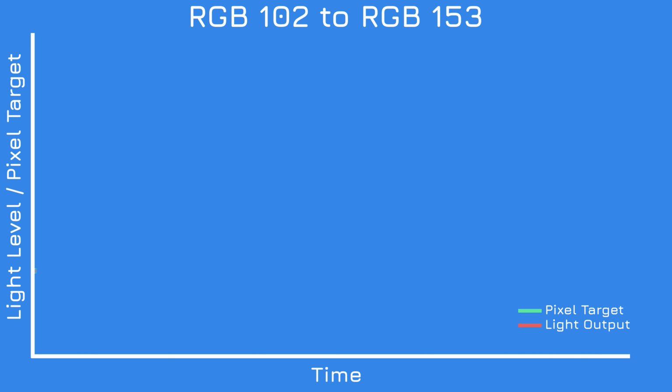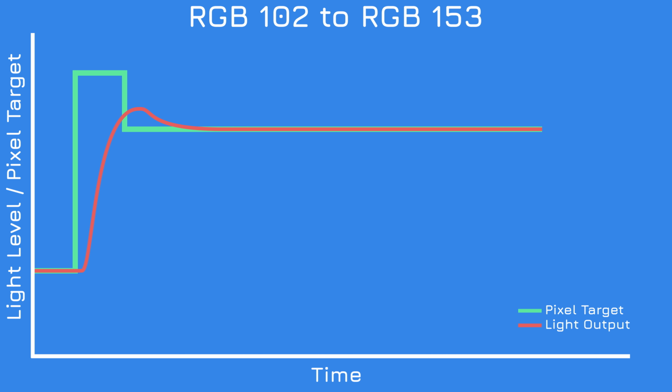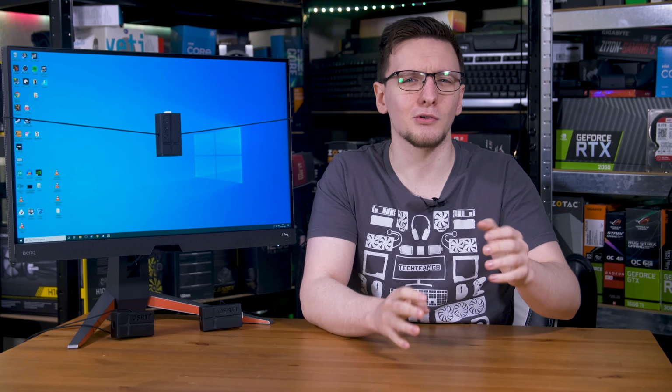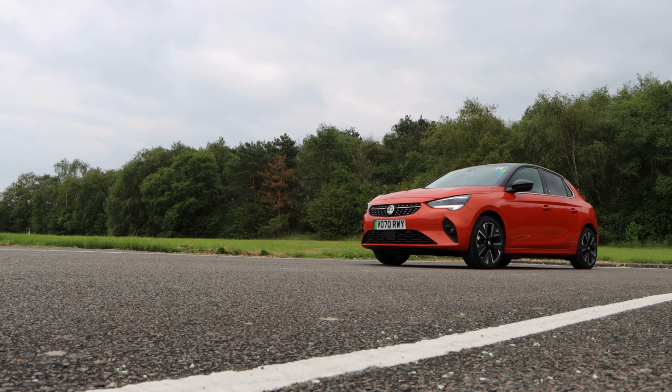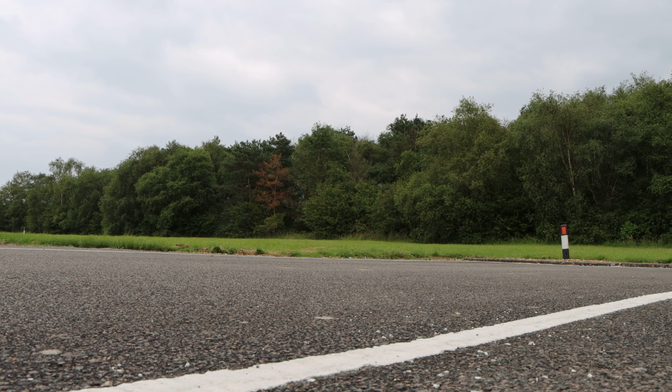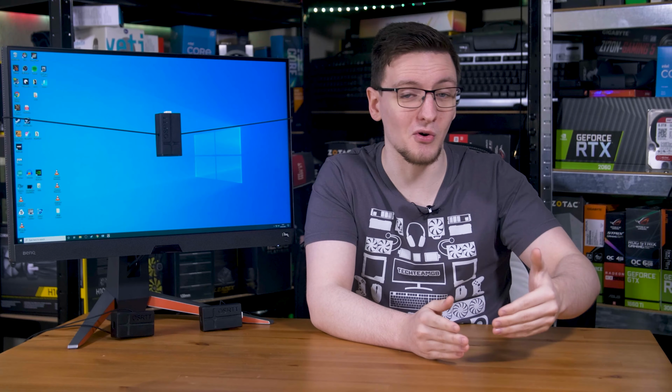Because the pixels were rushing, trying to make a bigger change, they responded faster than if they were only going for the slightly shorter expected target. To give you some analogies there, it's kind of like if you're driving, you can either gently accelerate up to the speed limit, making sure that you never go over, at the cost of you generally taking longer to get up to that level.